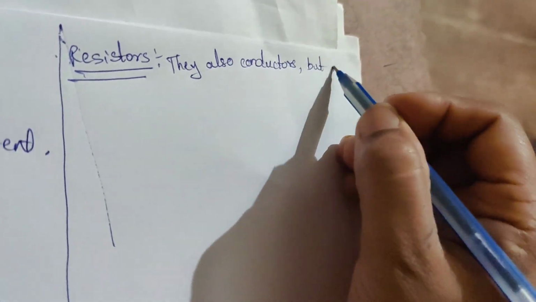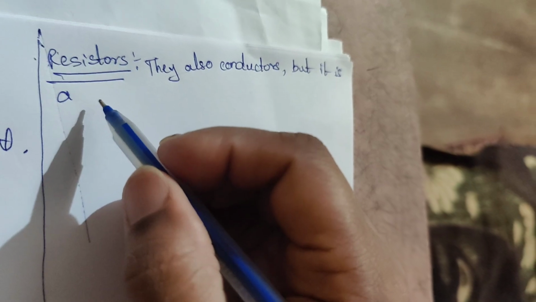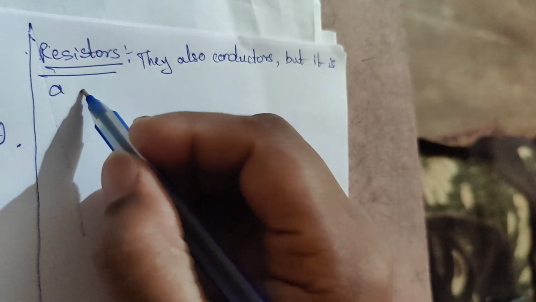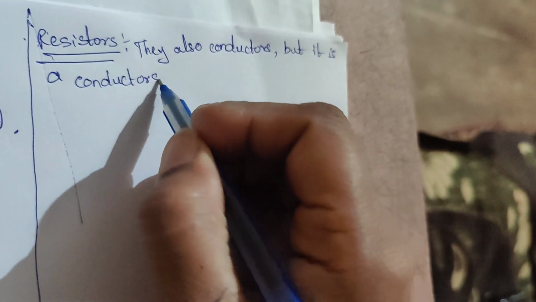But it is a conductor with an appreciable amount of resistance. It is a conductor with only a certain amount of resistance.